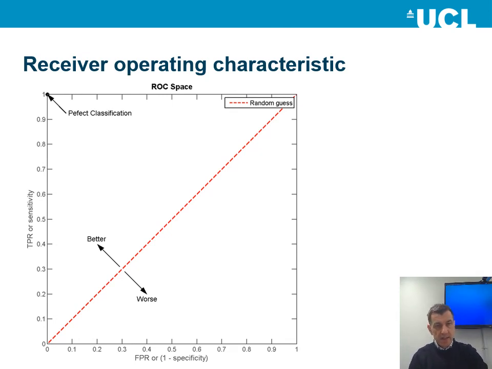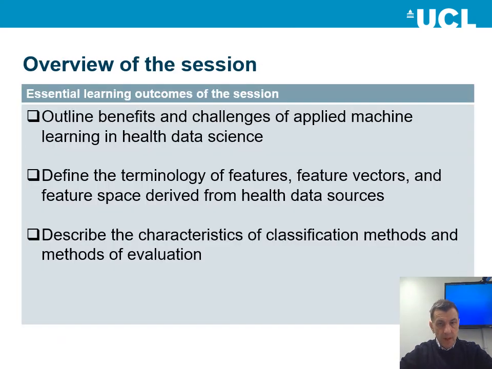And generally, as you move away from the diagonal, if you move below the diagonal, you're getting worse. If you move upwards from the diagonal, you're getting better. The ROC characteristic is a really, really important technique that's used in machine learning classifiers, as it is in the evaluation of diagnostic tests and other studies in healthcare. So that's enough by way of an introduction.